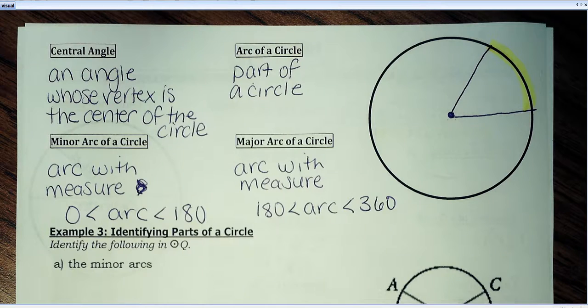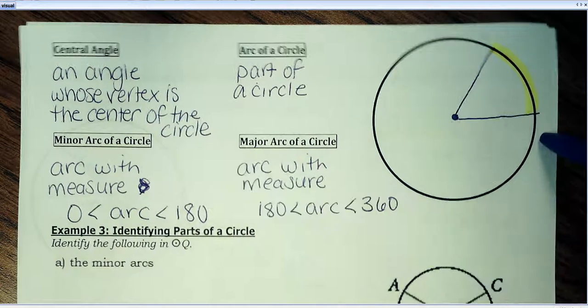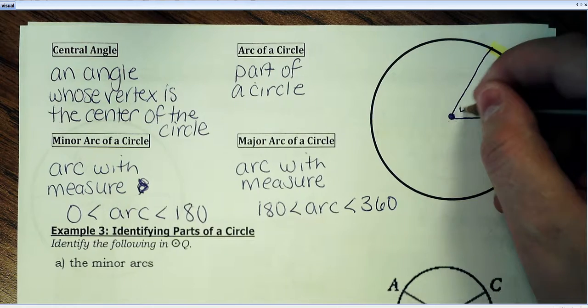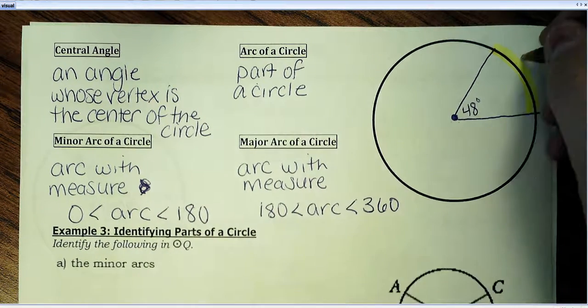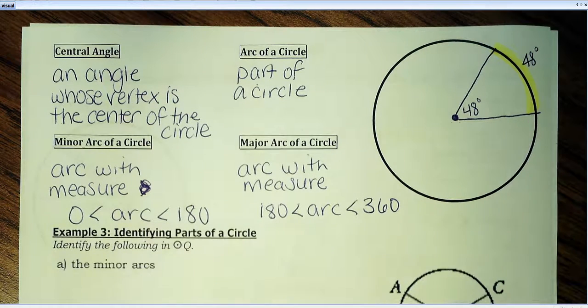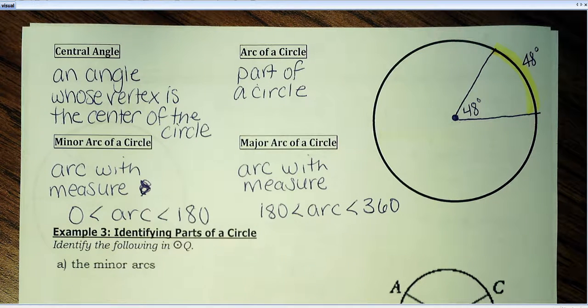A minor arc is any arc whose measure is bigger than 0 but less than 180. Let's say this is about 48 degrees or so, just making that up, I didn't measure it. The arc measure is going to match up with the central angle. We'll talk about that more in a second.